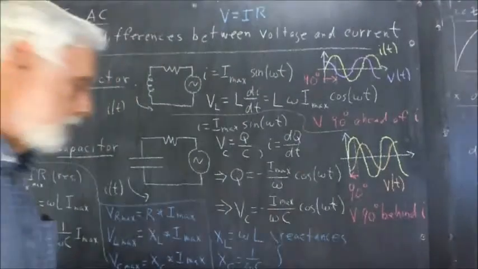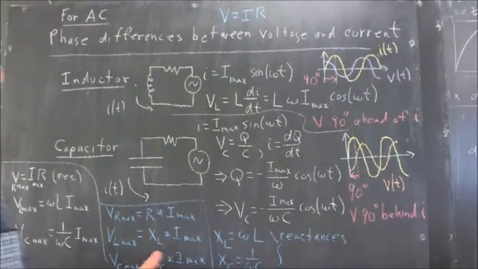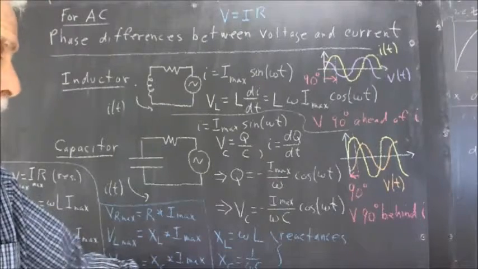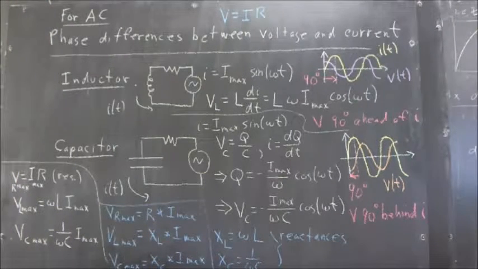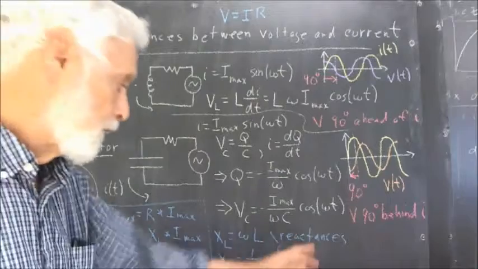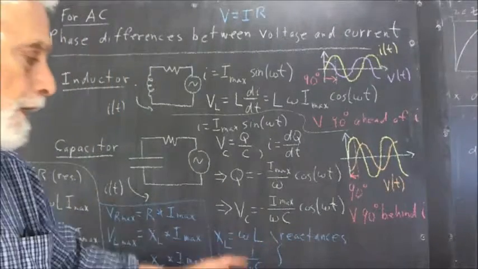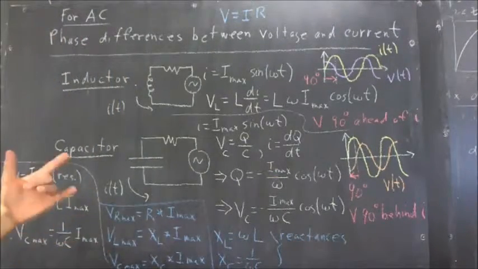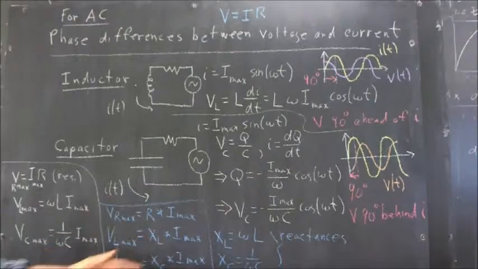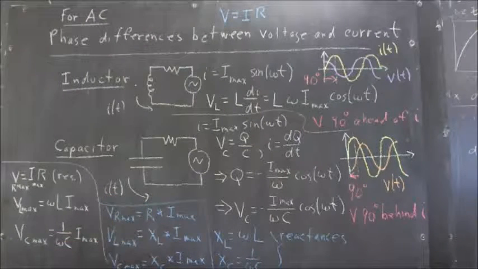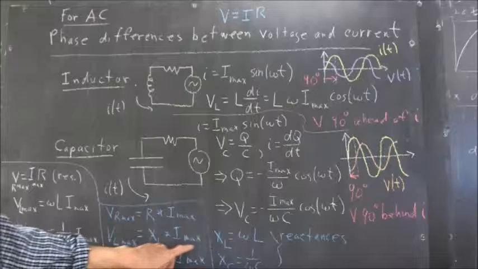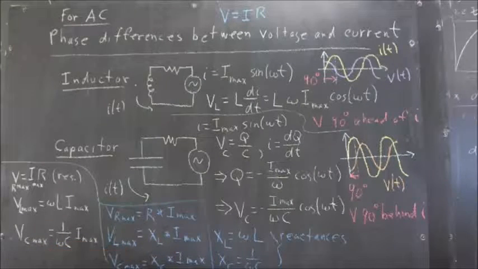This is the reactance of the inductor. This is the reactance of the capacitor. Okay, so now we have some terminology. These quantities, reactance, you should understand, act a whole lot like resistance in, again, the determining relationship, at least between maximum current and maximum voltage.